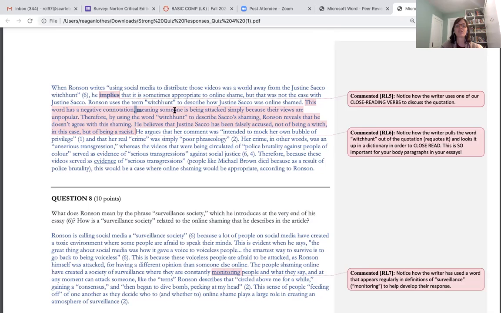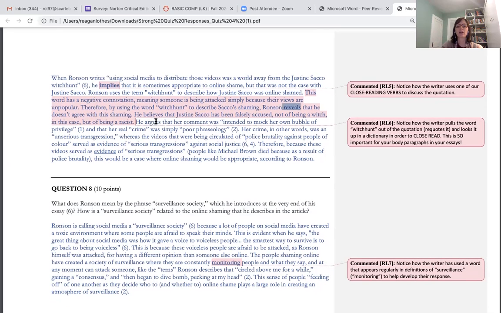So therefore, by using the word witch hunt to describe her shaming, Ronson reveals, right, it's another close reading verb, that he doesn't agree with the shaming. And that's again a unit 2 question, right? How does a particular word choice or phrase or image reveal the writer's attitude toward what they're discussing?